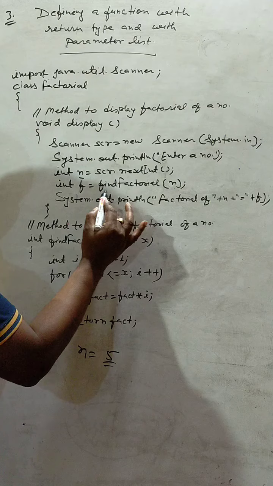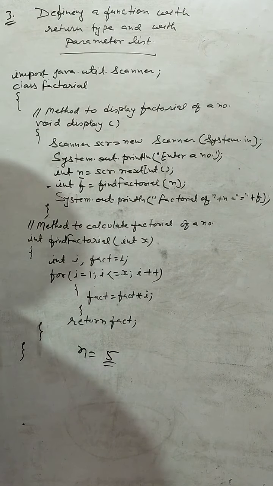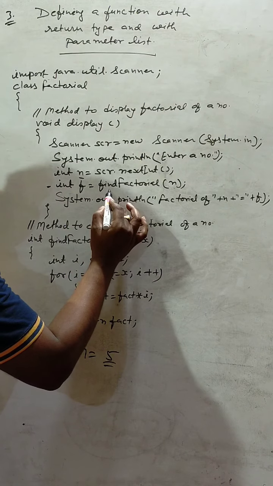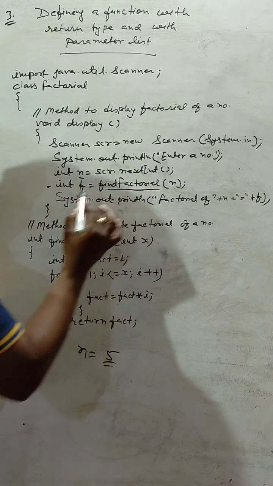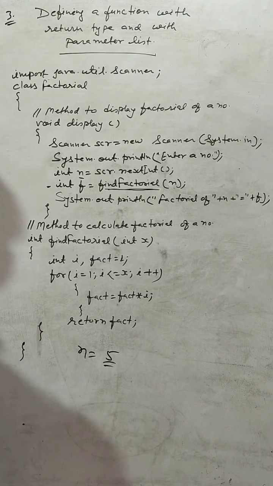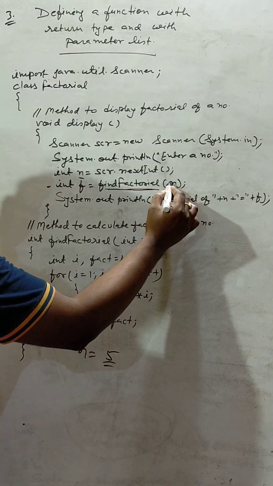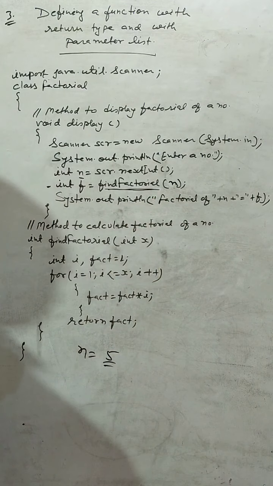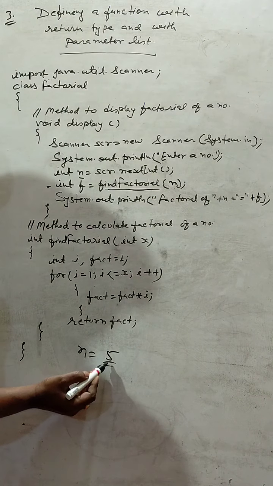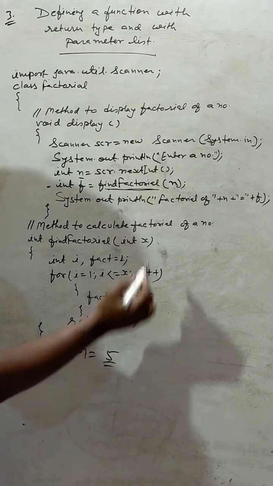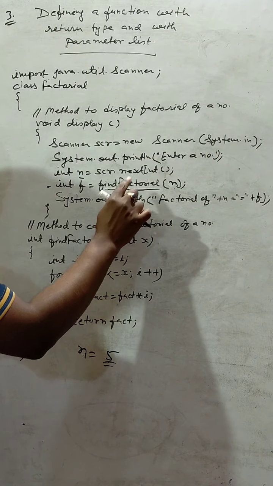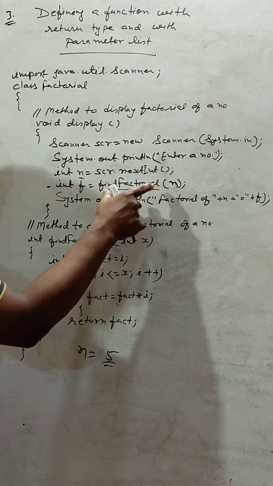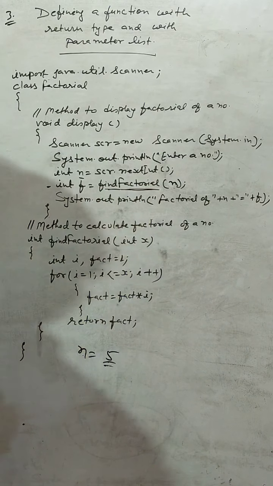Now, in this line, what is happening here? We called a function find factorial, in which we pass a variable n. Therefore, variable n stores 5. We are going to calculate the factorial of 5 by using the function find factorial.